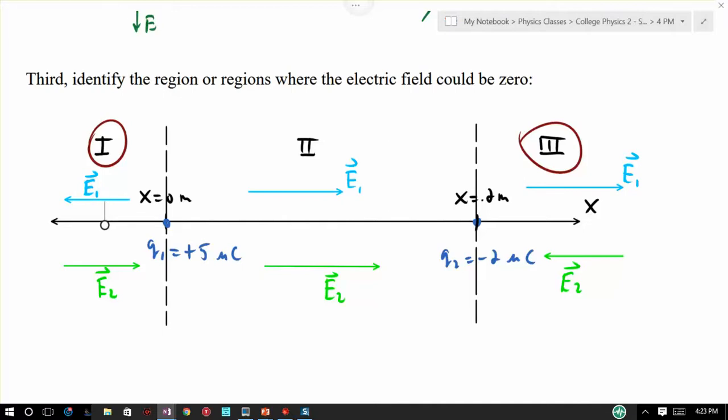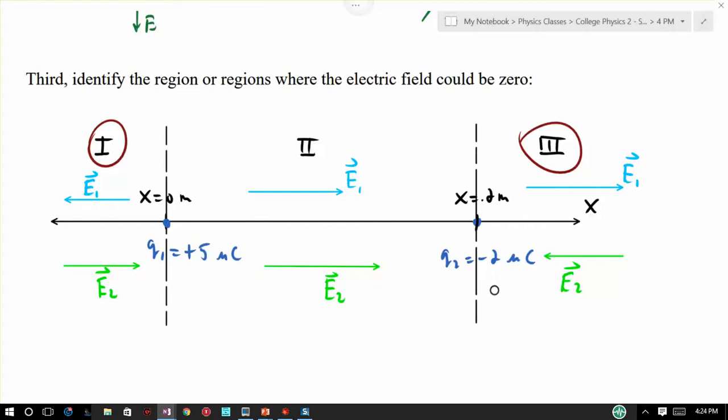So if you're at some point over here, picking a random point on the x-axis in region 1, you're really close to this charge, right? And you're far away from this charge, right? So what's the field like from Q1 here? Is it going to be a big number or a small number, do you think? You're close to it, so what do you think the field is going to be, big or small? Big, it's going to be big. And Q1 is big compared to Q2, right?